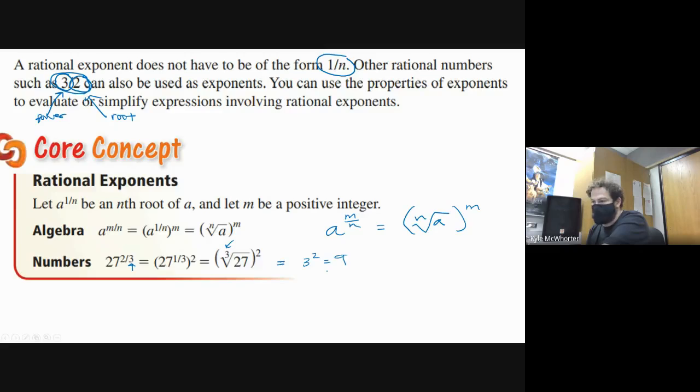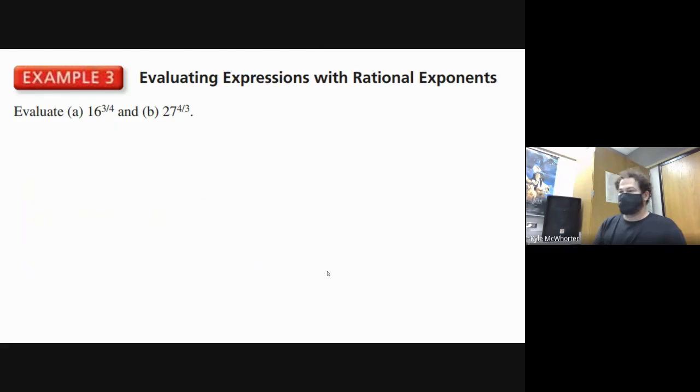All right, let's look at some examples evaluating 16 to the 3/4 power and 27 to the 4/3 power. Okay, 16 to the 3/4 power.